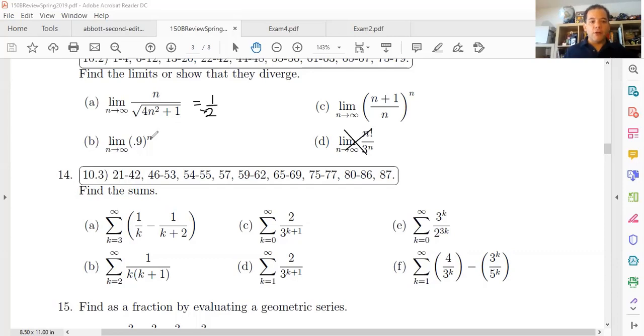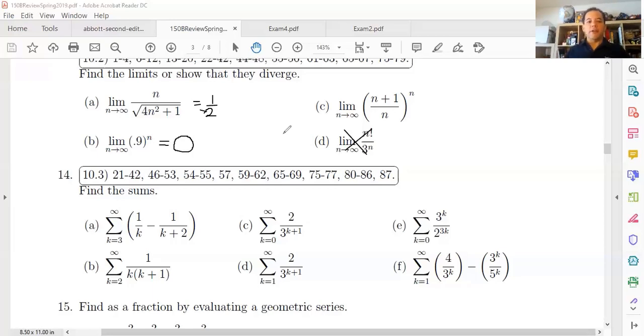This one, it's a number smaller than 1. And when you take a number smaller than 1 and you raise it to larger and larger powers, it's like multiplying a number like 0.9, which is 90%. If you do 90% and then 90% again and 90%, the number starts becoming smaller and smaller. So this one is also super easy. It's obviously 0.